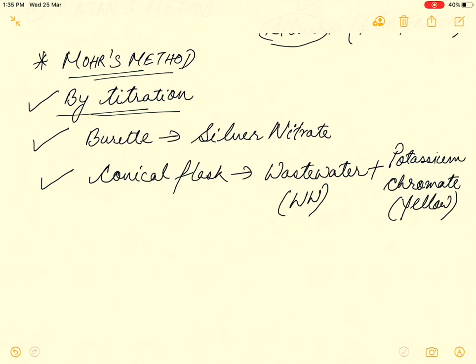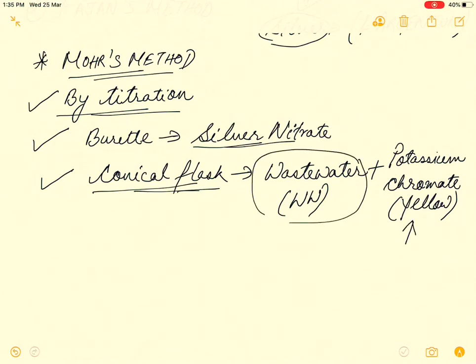So in the burette we take silver nitrate, and in the conical flask we'll be taking wastewater, and to this wastewater we will add 2 to 3 drops of potassium chromate, or till the color becomes yellow. Then we will titrate.